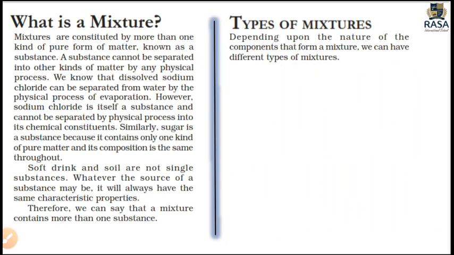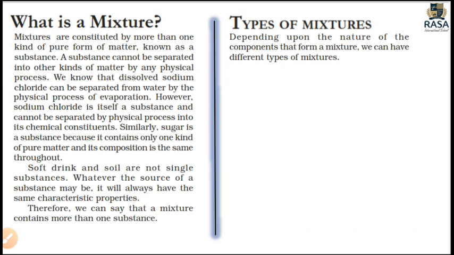So, types of mixture. Depending upon the nature of the components that form a mixture, we have different types of mixture. Means the constituent particles of the mixture, how they have been distributed.